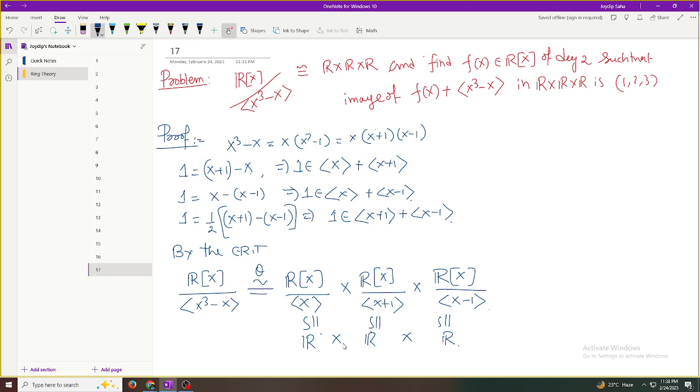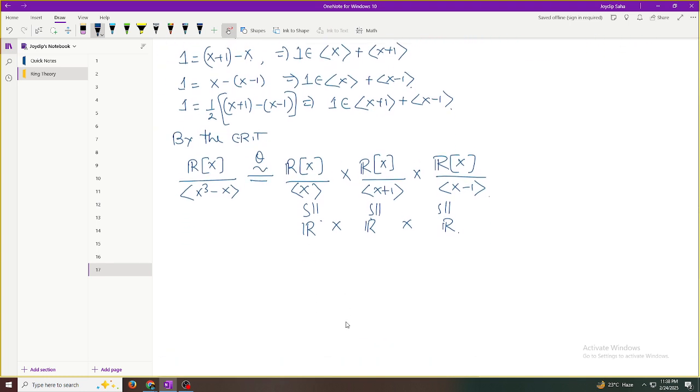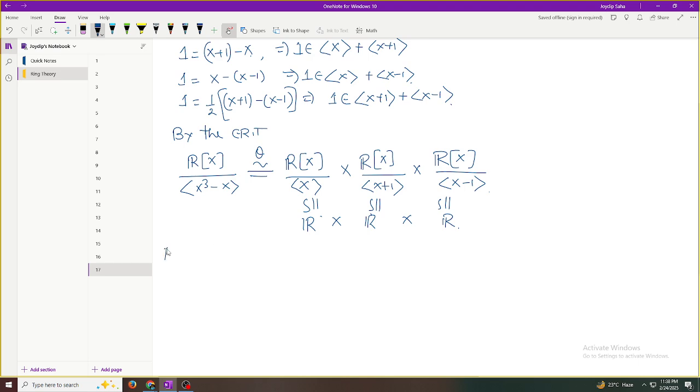Now what is the isomorphism? R[x] quotient x, f goes to f(0), right? Note that R[x] to R, what is the isomorphism? Quotient x, f(x) goes to f(0). So 1 means those polynomials which after dividing by x leave remainder 1.